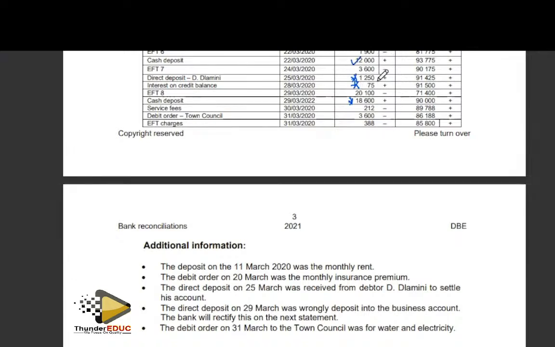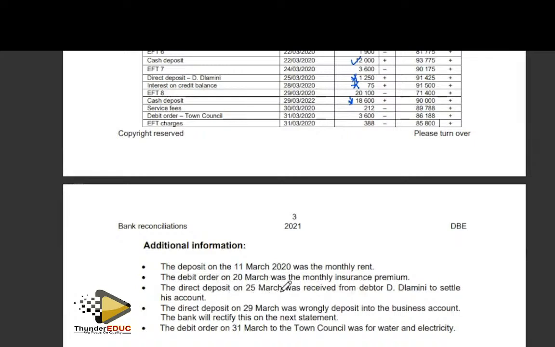Now, there is 1,250 D-Dramin, okay? What was it for? Let's check additional information. So I'm jumping this one because we haven't dealt with it. It was a payment, so we are still dealing with the receipts which we never recorded in our books.